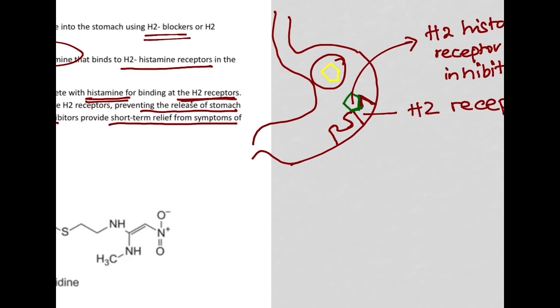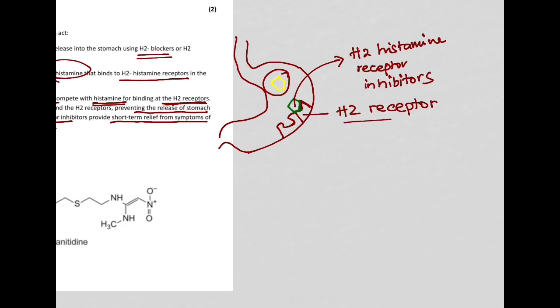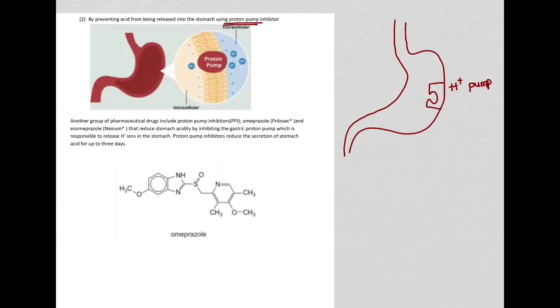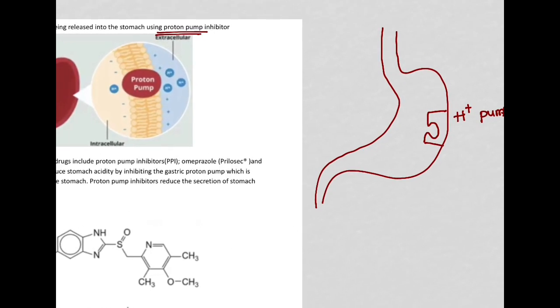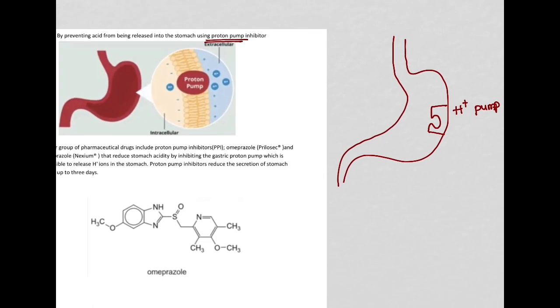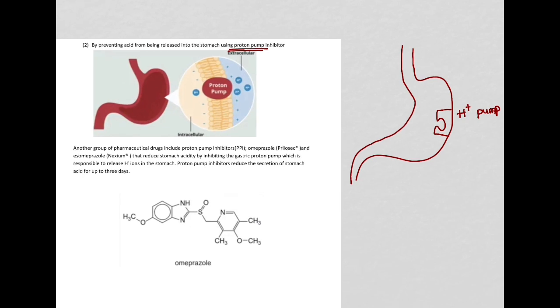Remember we drew here the H2 histamine receptor, and here you have the secretion of H+. So let's say you have the cell here, which is the proton pump, and what happens when you have omeprazole and esomeprazole or Nexium, this is a very famous drug.